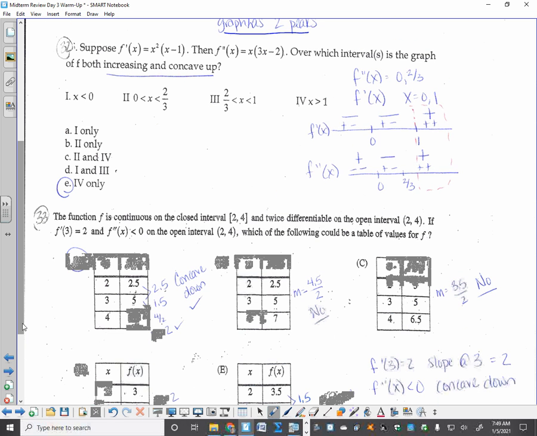32, I love these problems. This is non-calculator. It gives me f prime and f double prime, and it asks over what intervals are we both increasing and concave up.